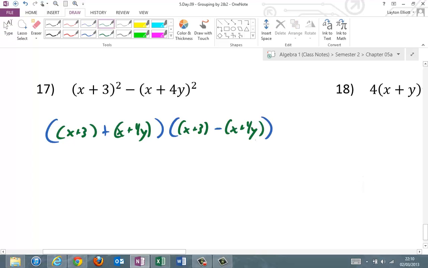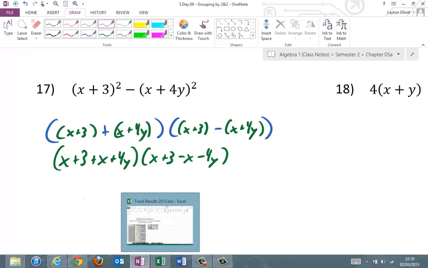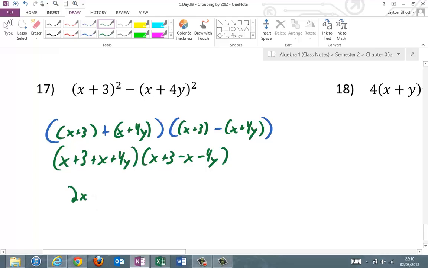Then I'm going to drop the parentheses inside, x plus 3 plus x plus 4y. And this is an x plus 3 minus x minus 4y. Now I'm going to add like terms, 2x plus 4y plus 3. And the x's drop out, and I just have 3 minus 4y. It doesn't matter the order that we write that in.